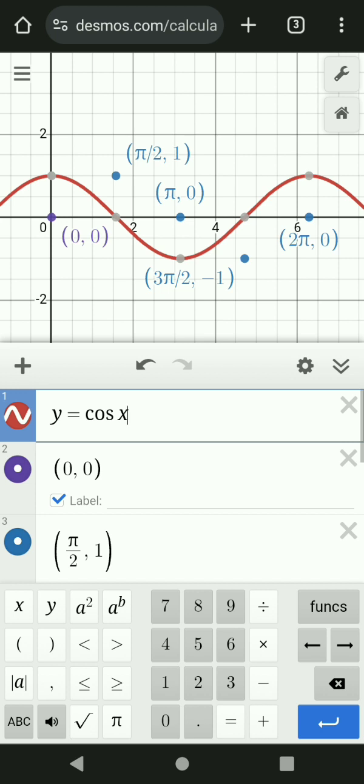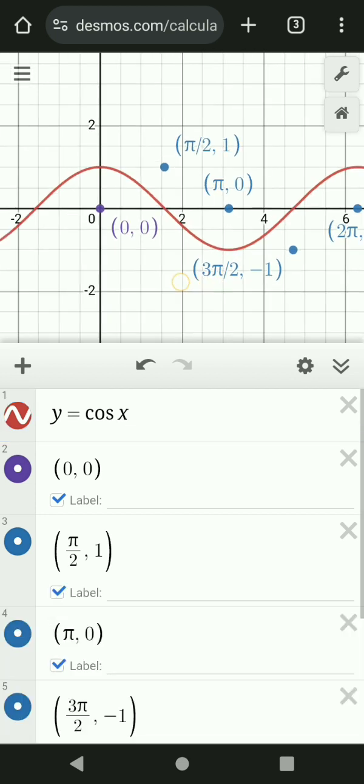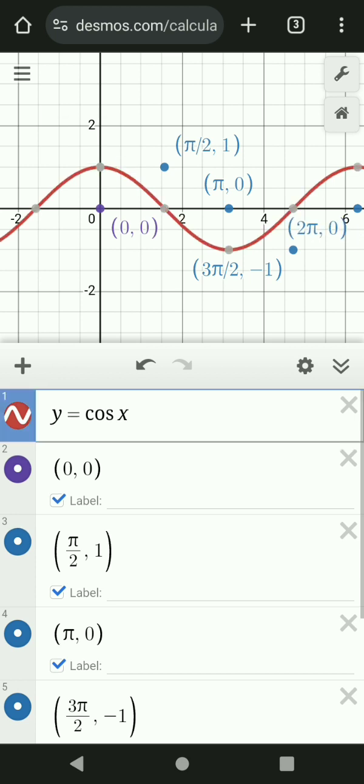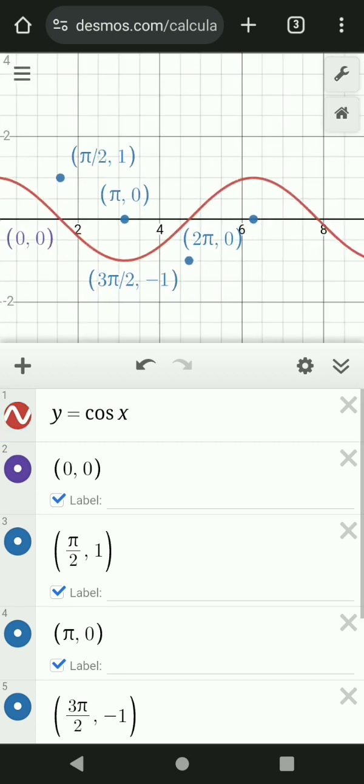Instead of starting at the center, the cosine starts from the top. Did you see that? It starts from the top, and then it goes downward and in the middle, and then upward again.